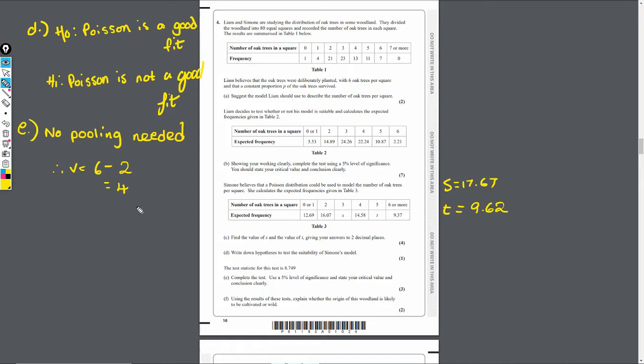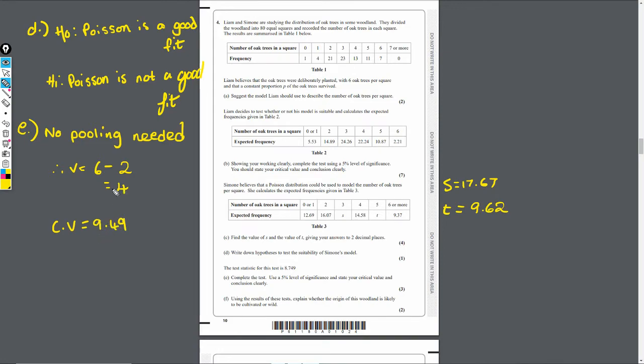Because I just need a critical value now, you know, to compare this test statistic to. So critical value, again, page 36. This will give you 9.49. And again, it's a 5% significance level, so it's 0.05, and then go across from 4. So you get this 9.49.